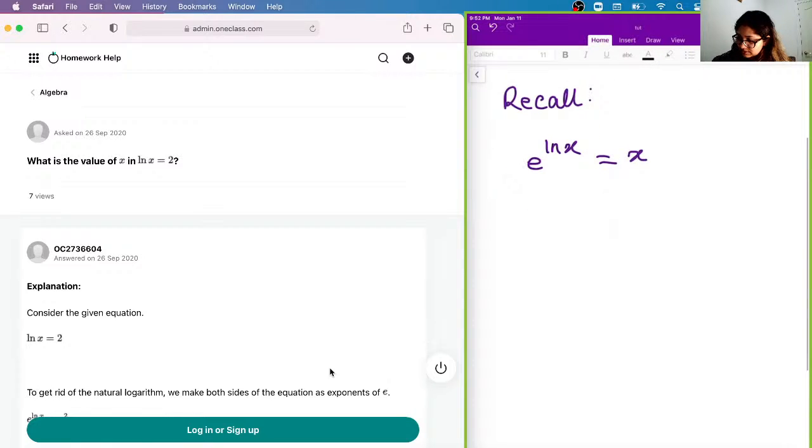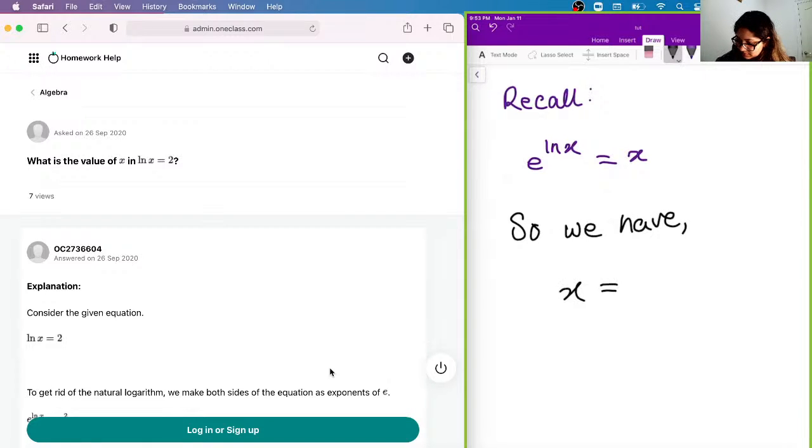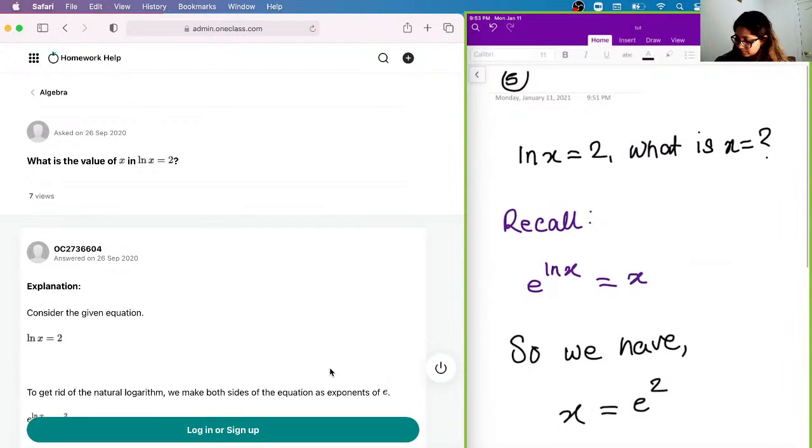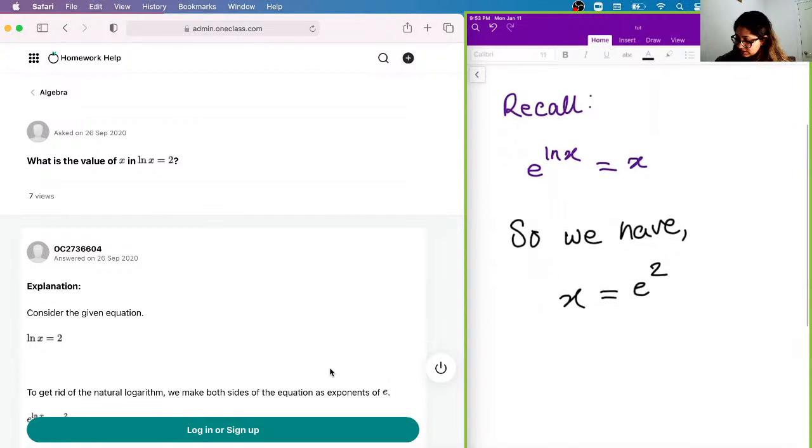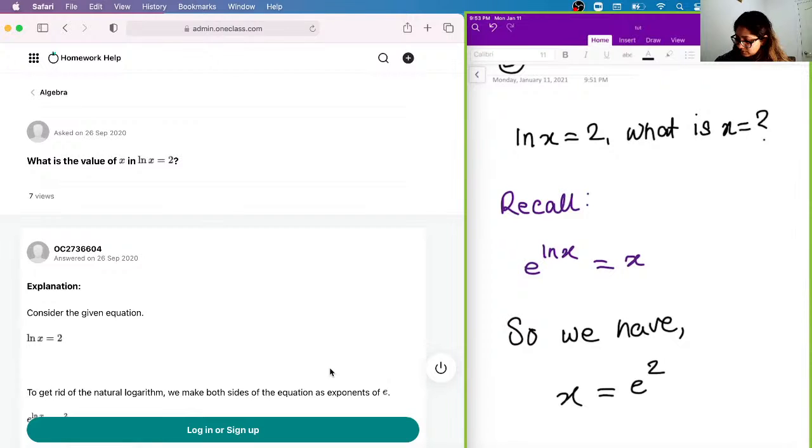So we can say x is equal to e to the power of ln of x, and this ln of x is equal to 2, right?